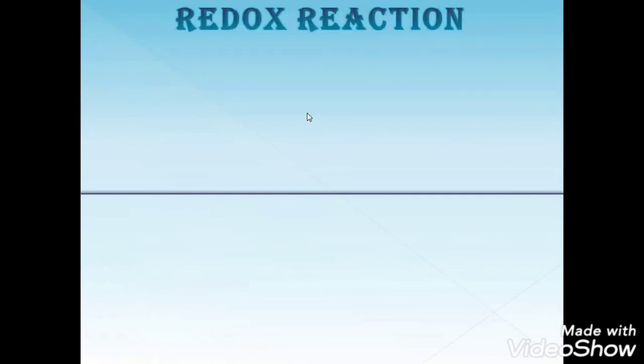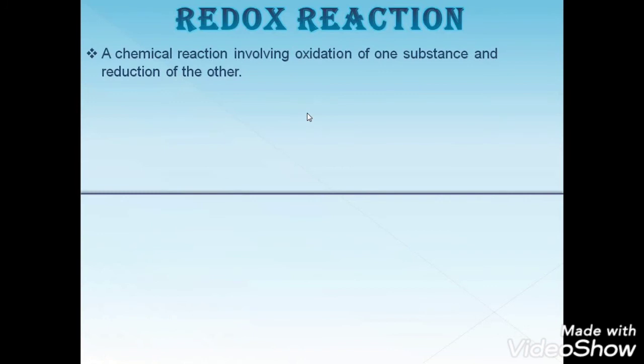We have learnt what is oxidation reaction and what is reduction reaction. Now we will know what is meant by a redox reaction. We have a definition here for redox reaction. A redox reaction is a chemical reaction involving oxidation of one substance and reduction of the other. This is one definition.